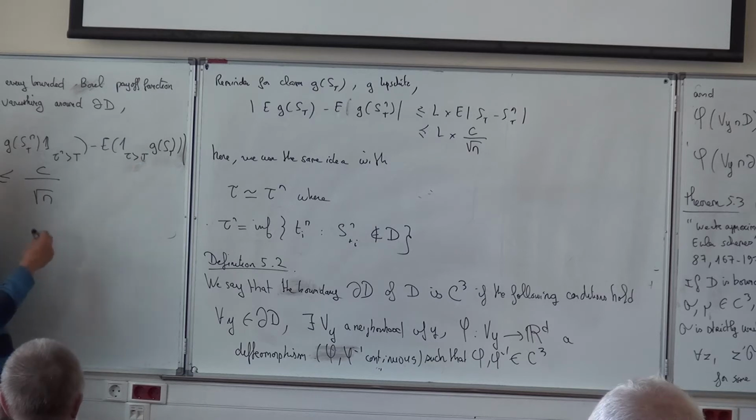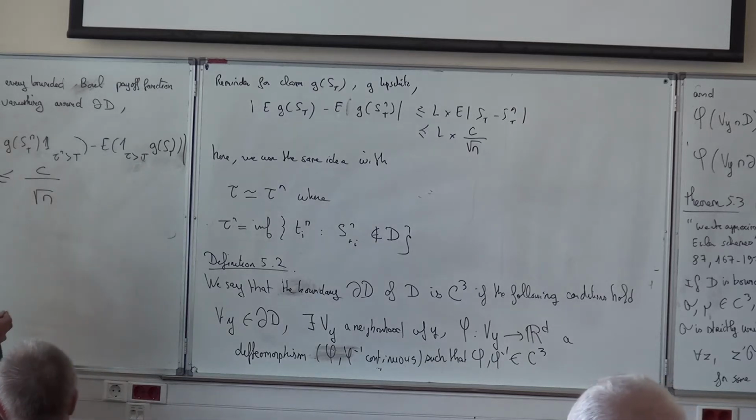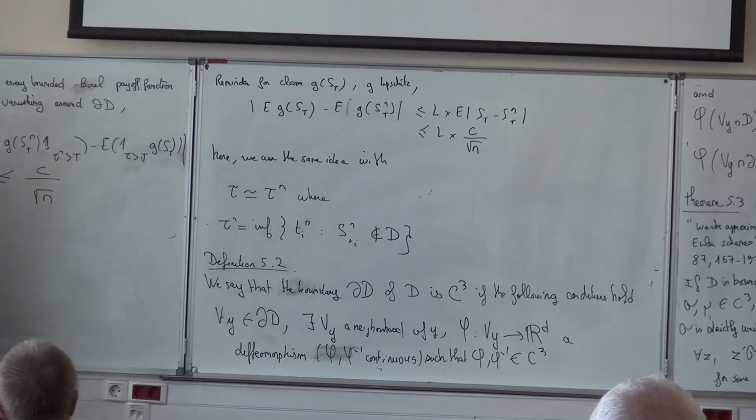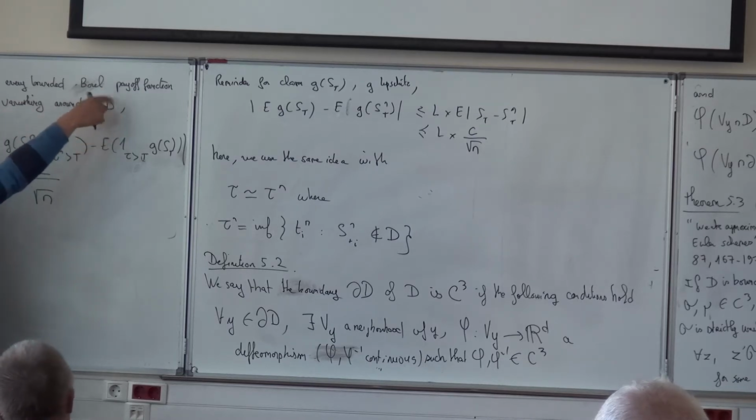And then, why we need such difficult, such technical conditions is about, in particular, the process S, because a priori, as S is continuous, we may think that it's gonna go outside the domain, passing through the boundary. Okay? Of course, this is not too important because G vanishes around the boundary, so we do not mind.